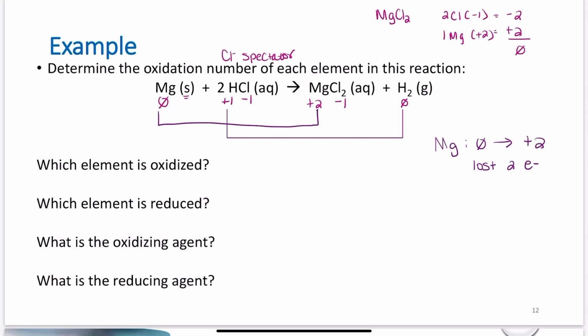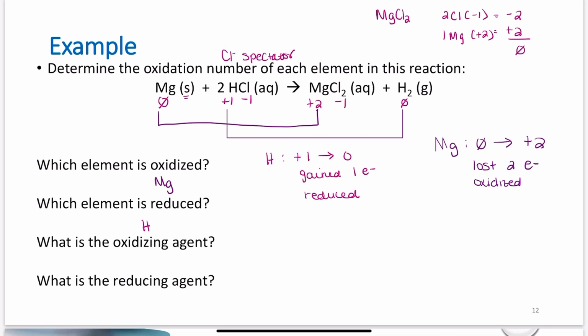Because it lost electrons, it has been oxidized. Magnesium has been oxidized. When I look at the hydrogen, hydrogen went from +1 to 0. It gained 1 electron. It has been reduced.